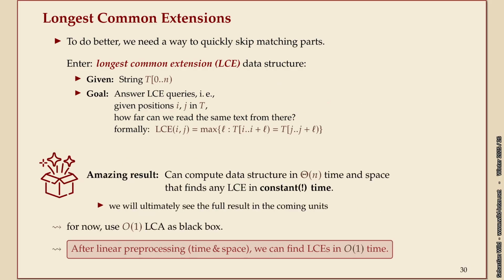Now, the black box that I'm not going to tell you for now what it looks like internally can do a linear time preprocessing using linear space and still find the LCEs in constant time.